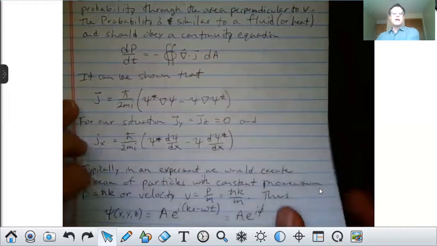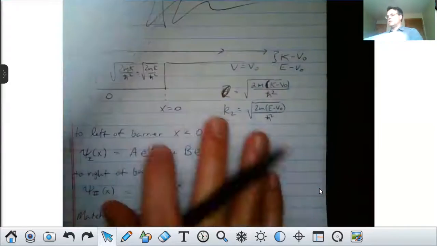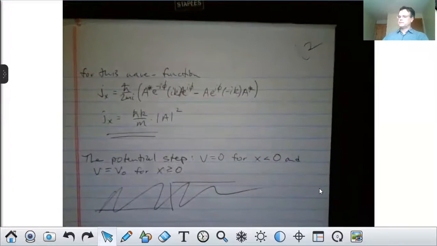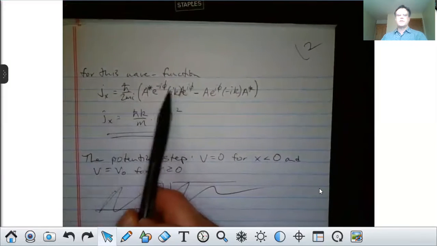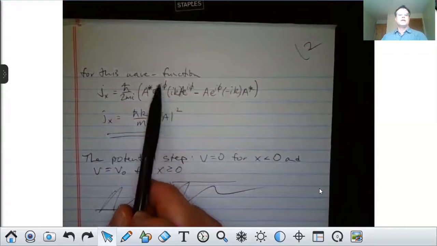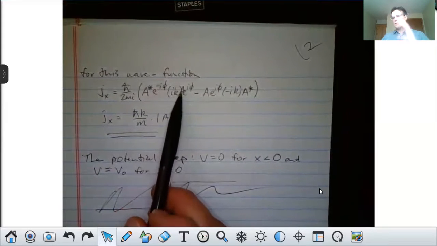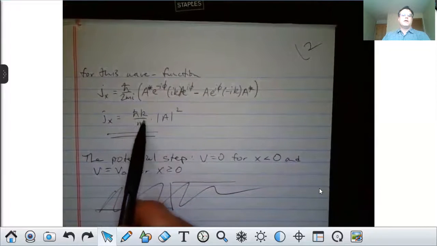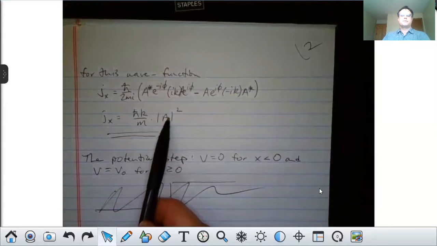We can easily calculate the probability current. And if we do that, what you get is this. So just plugging in that a e to the minus i phi, taking the complex conjugate, changing the i's to negative when we do that, we end up with this expression, h bar k over m times a squared.